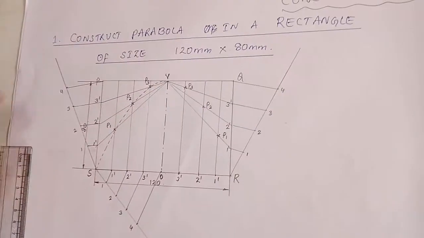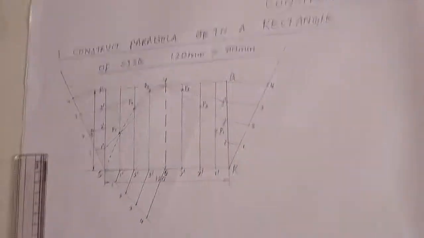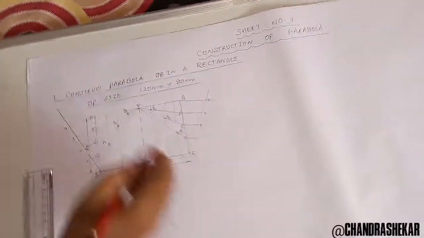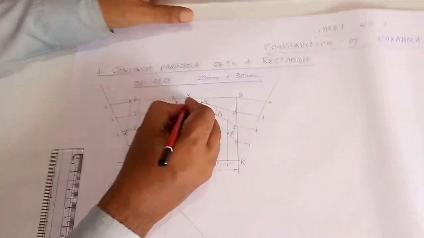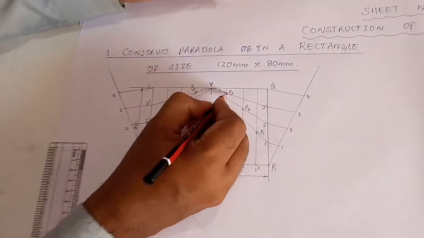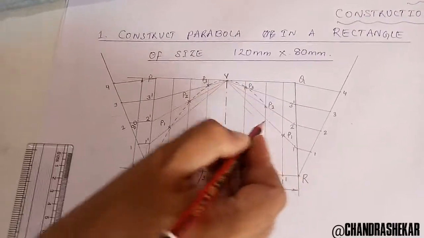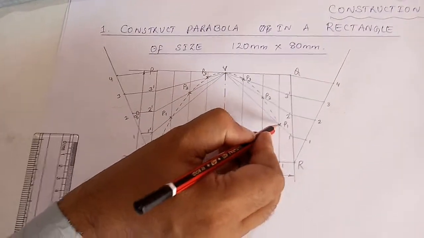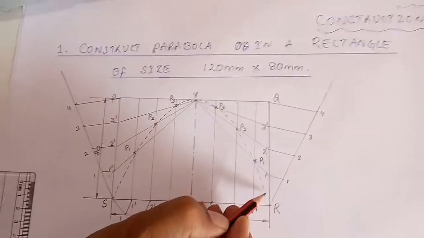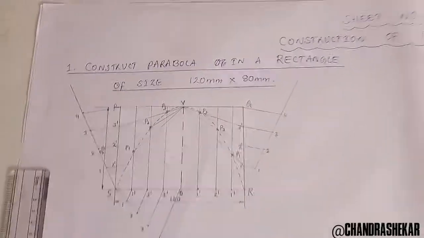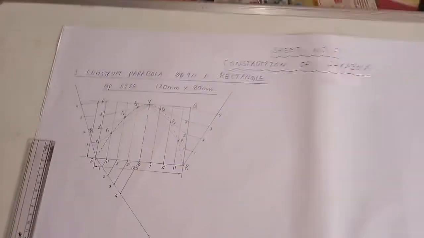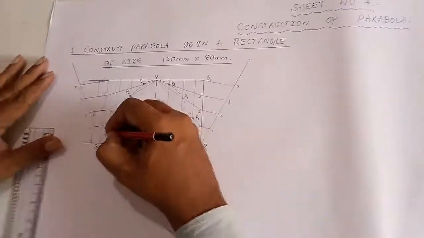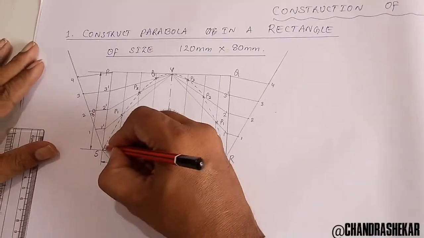After that, it has to be joined as a curve. Join this by means of a smooth curve. First draw dotted lines, and then make this dark.